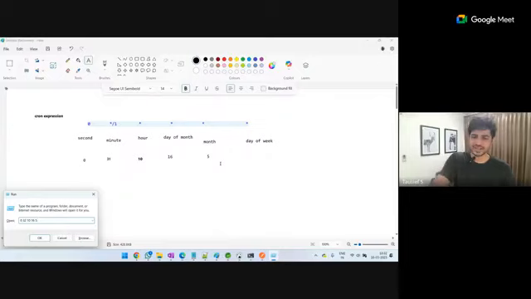For day of the week, star means everything, so for now we will keep it as star. But to be more real, the day of the week can be specified in number format 0 to 7, or you can specify something like FRI, the 3 characters of the day.